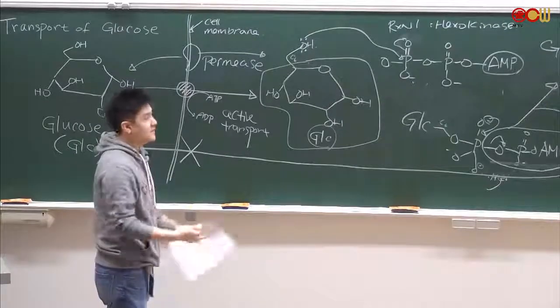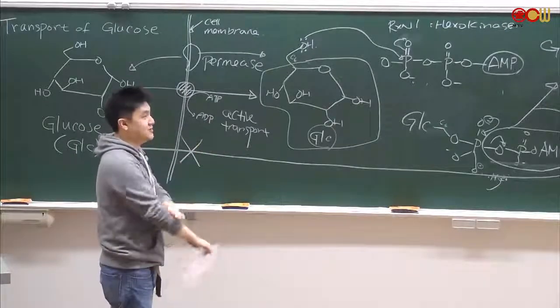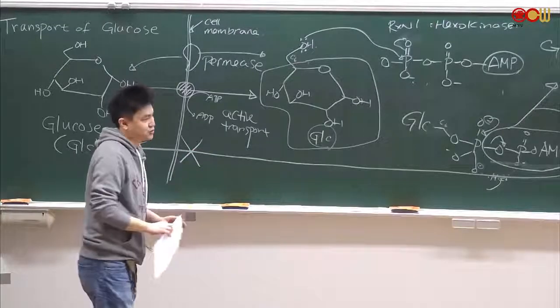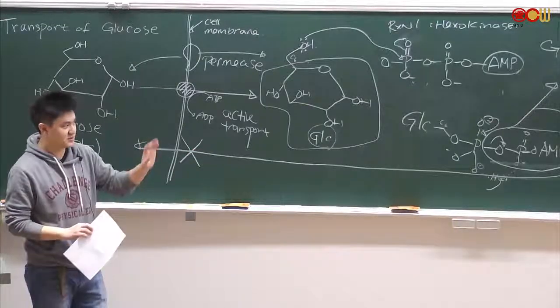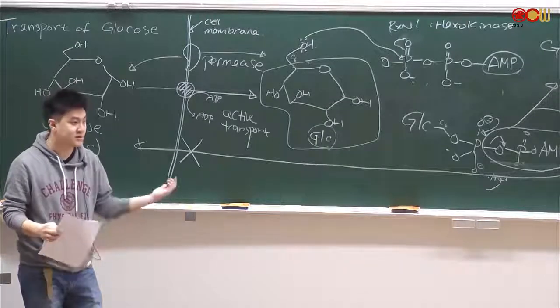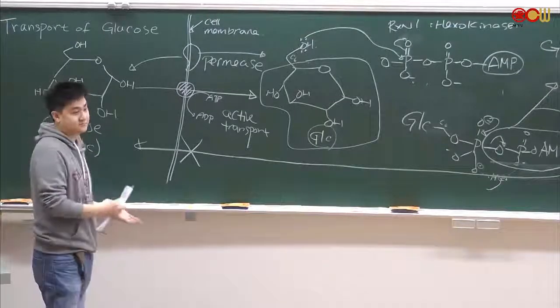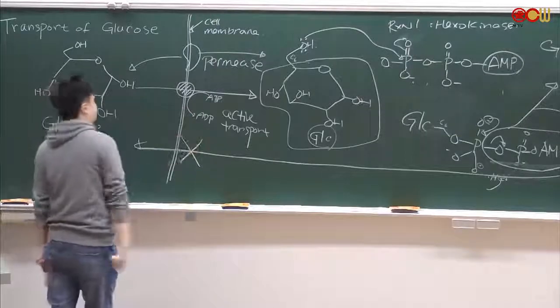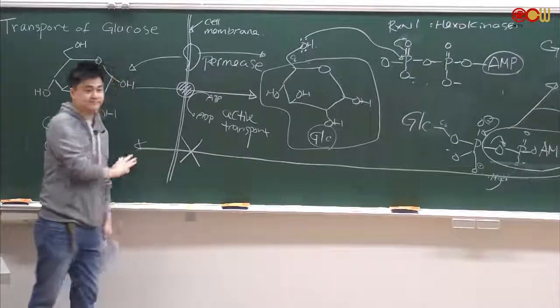So if you did the activation step, it signals that this glucose is going to be used for something. Because it now has a phosphate, it does not leave the cell.